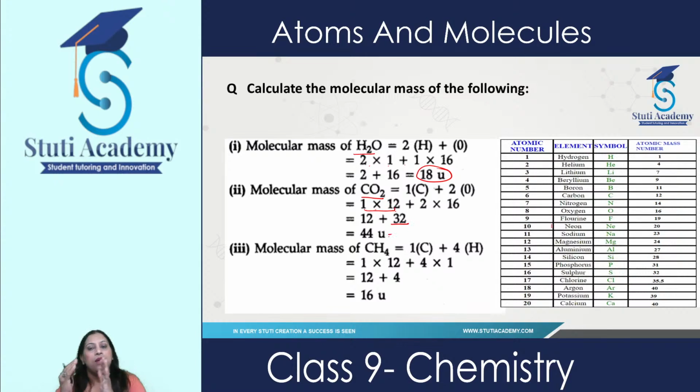Whether it is a gas or any other compound or any solid substance, the method for calculating molecular mass is the same in all cases. Now we have methane. So 1 into C plus 4 into H, or you can write this step directly, then 12 plus 4 is equal to 16. So this is how you calculate the molecular mass of the following compounds.